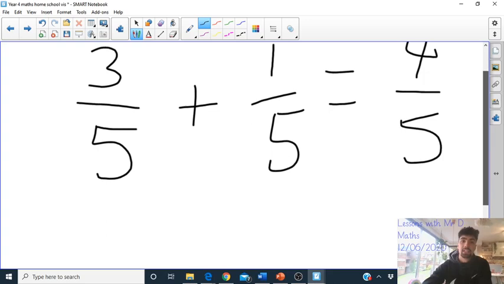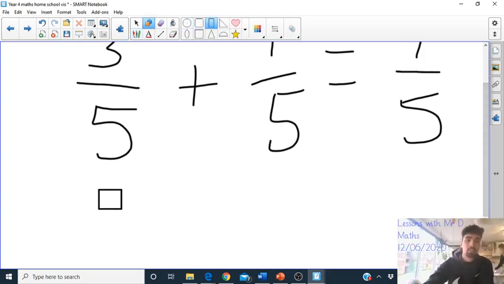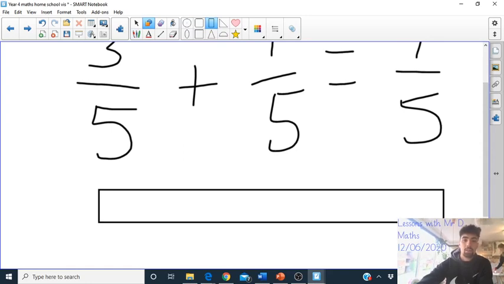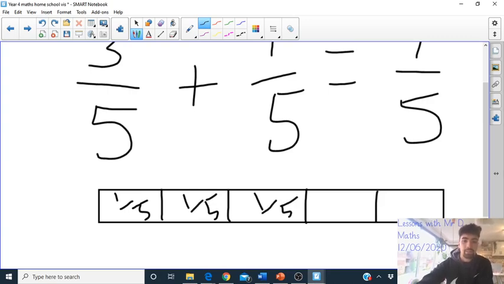Well, let's see another method for that. Let me get my rectangle. Imagine this bar is my whole. I'm going to split it into 5 equal parts. 1, 2, 3, 4, 5. I've got it into fifths, so that's a fifth, that's a fifth, that's a fifth, and that's 1/5.